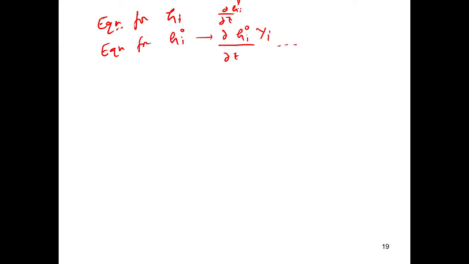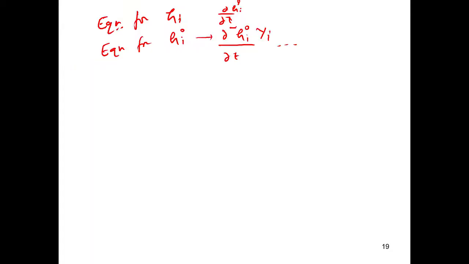If you subtract between these two, what you are left with is essentially the equation for Hs, because Hs is nothing but Hi minus Hi0.